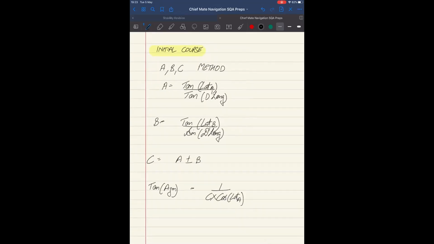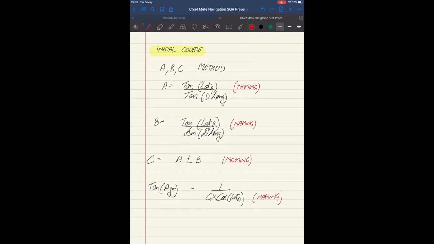Now, the next important thing is how we do the naming for azimuth.